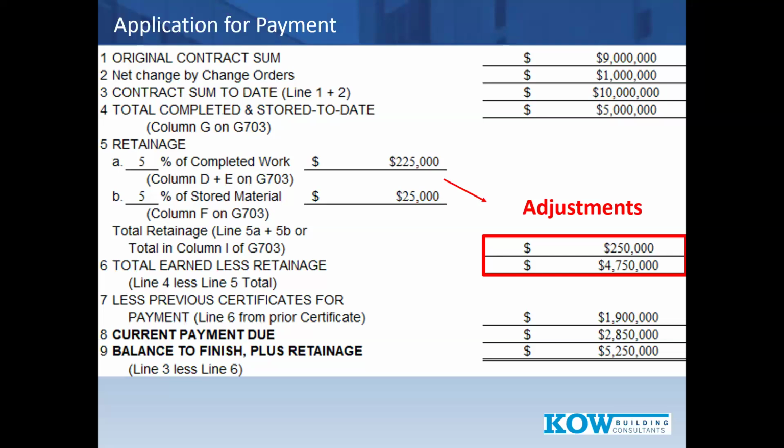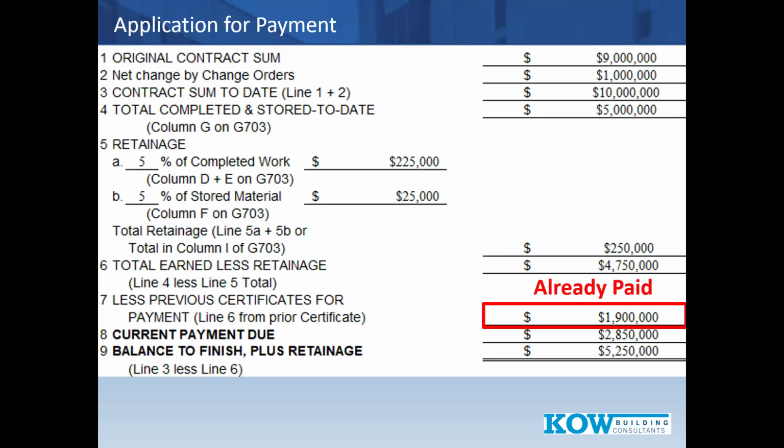For our purposes, we have a retainage of $250,000. So we subtract $250,000 from the 4.75. So I could tell you right now, we're just about done. You need to pay the general contractor $4.75 million with one final consideration.